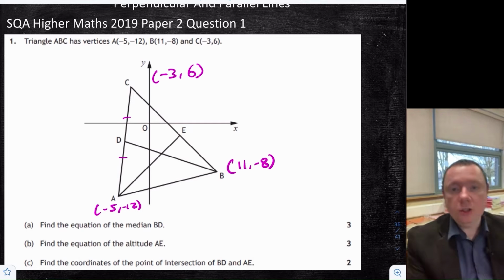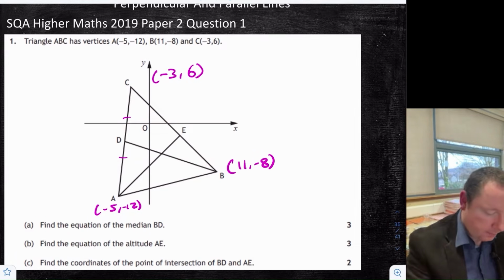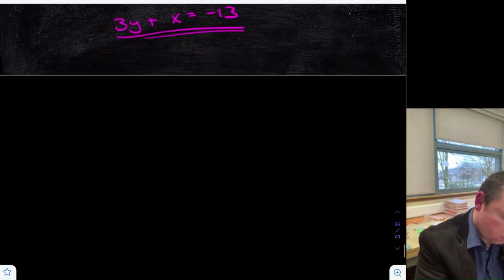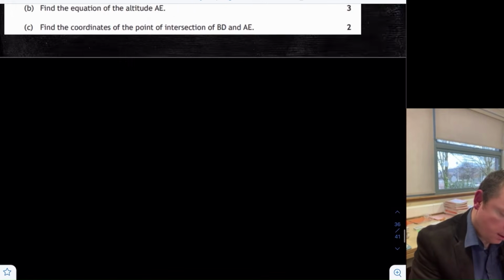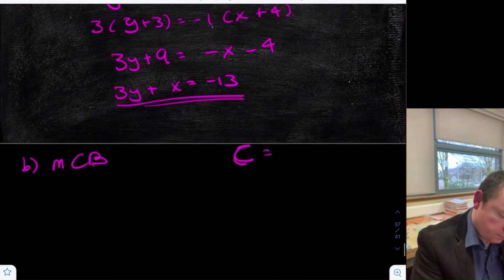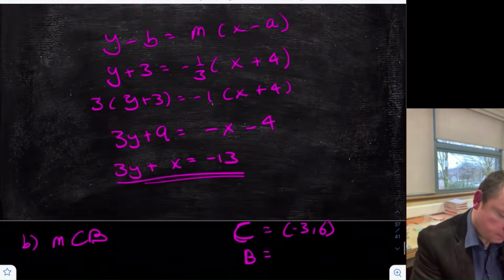So for the altitude, we are going to need to find the gradient between C and B. So just a reminder, C equals (-3, 6). And B was equal to (11, -8).